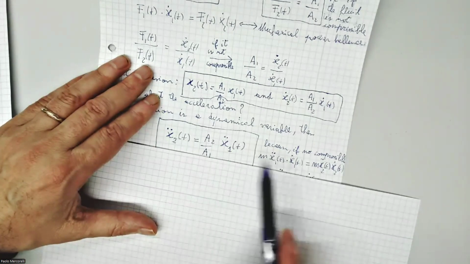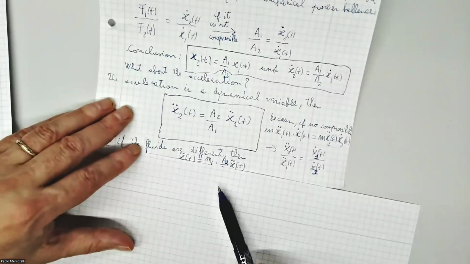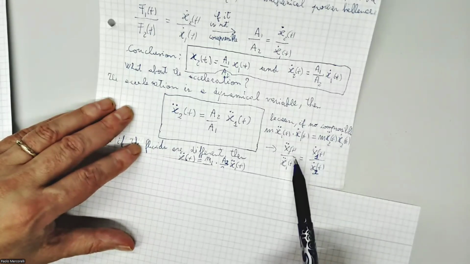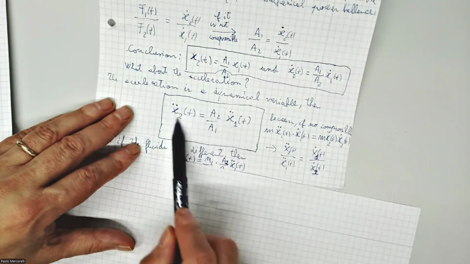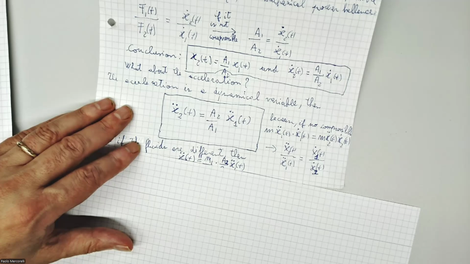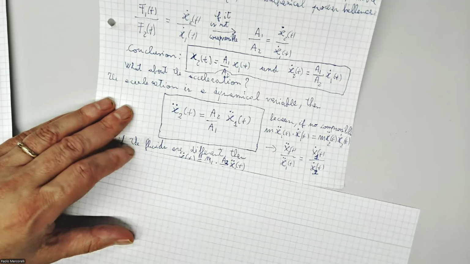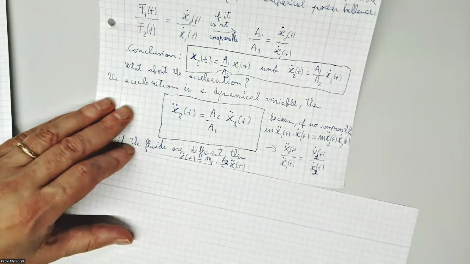I can write this from here, I can cancel. I will obtain exactly this equation here, which is basically this. This is the natural form.